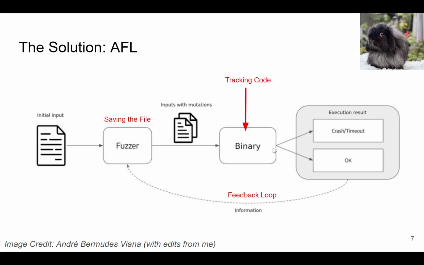Here is the binary, the actual target executable where the tracking code will be injected. Here are the possible results of execution. Everything went okay, and it takes that information back to the fuzzer. If there was a crash or a timeout, it will additionally report that back, and the fuzzer will continue to generate inputs with mutations.